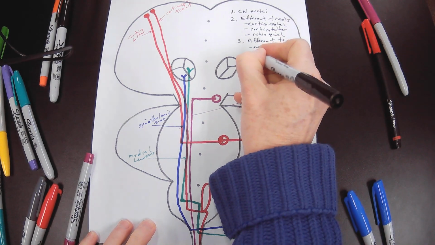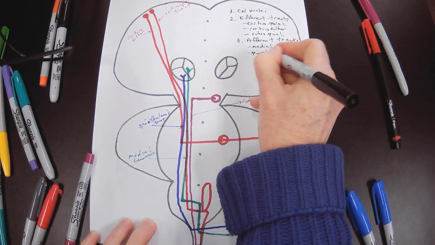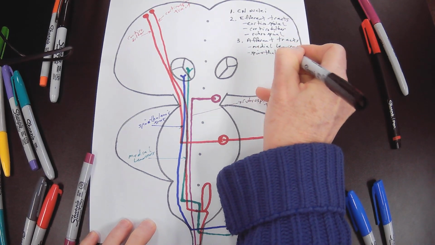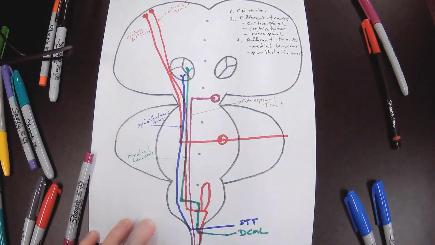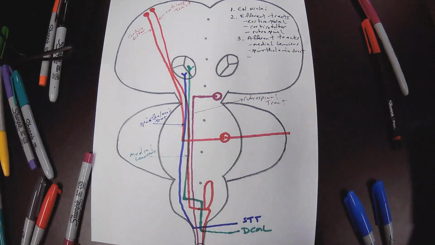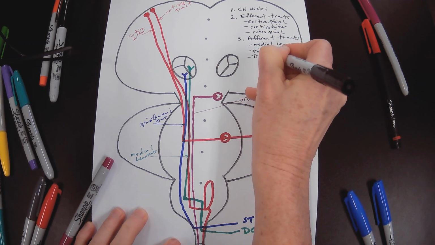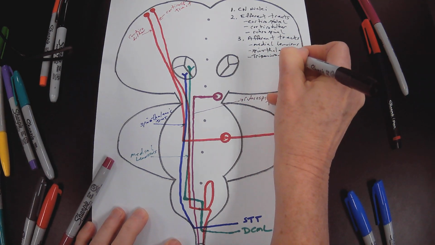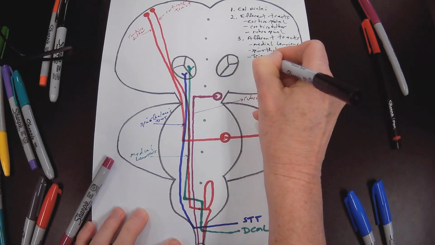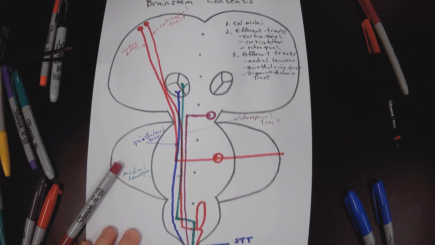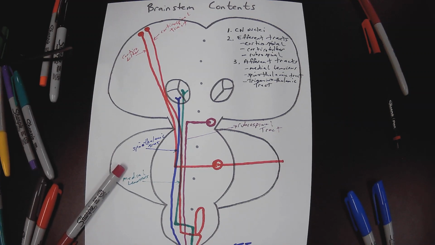We'd expect your spinothalamic tract. We'd also expect your trigeminothalamic tract. And those are the major afferent tracts that we've talked about. But all those have to cross or have to travel through the brainstem, which is why the brainstem is kind of complicated.